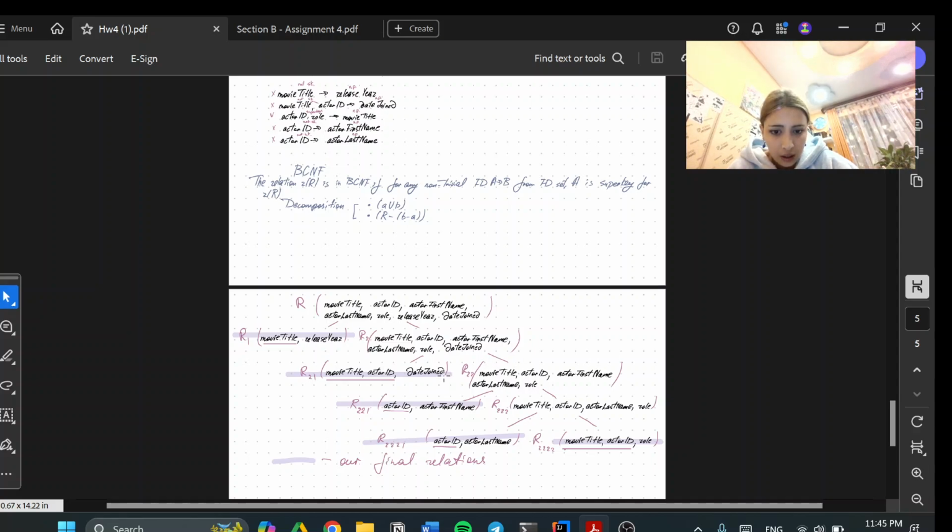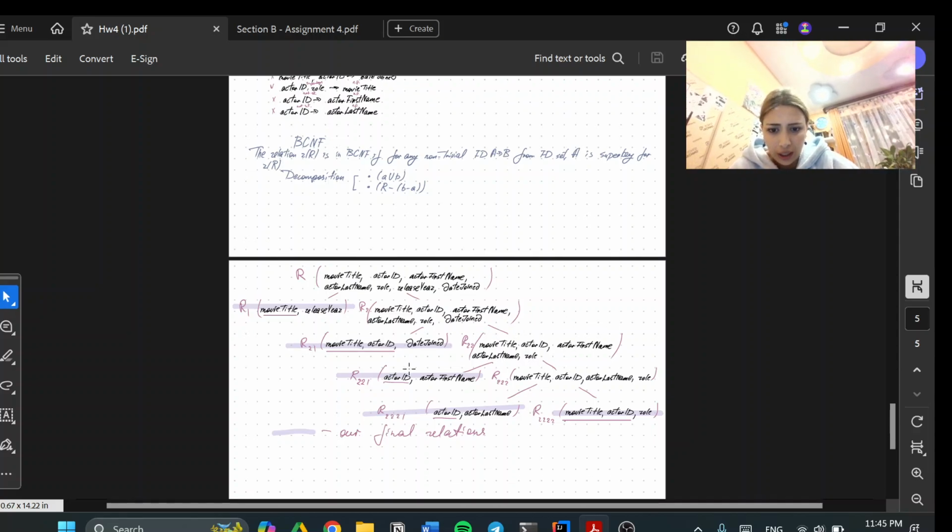Both are in R22, so we take actor ID, actor first name as R221, with actor ID as PK. Everything else except actor first name will be R22. And the last wrong row, actor ID to actor last name, we take out from R22. We get R221 with actor ID, the left hand side, as primary key, and R222 will be movie title, actor ID, and role.